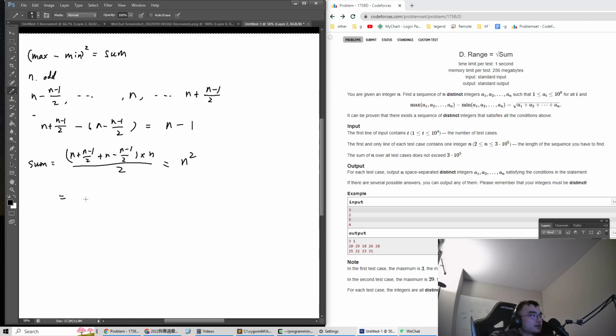Now the sum equals, let me see, n squared plus 2n, right? Because we add 2 to each of the numbers, and there are n such numbers, right?